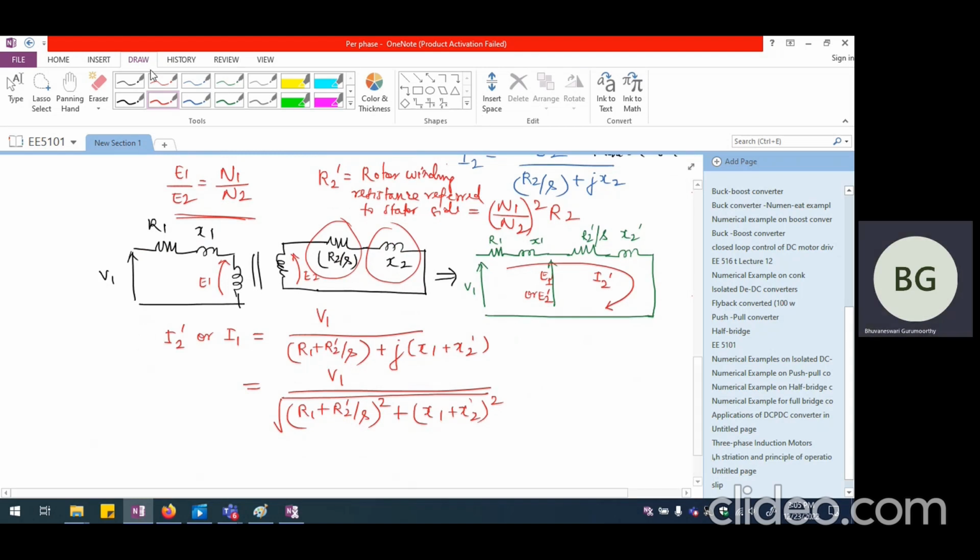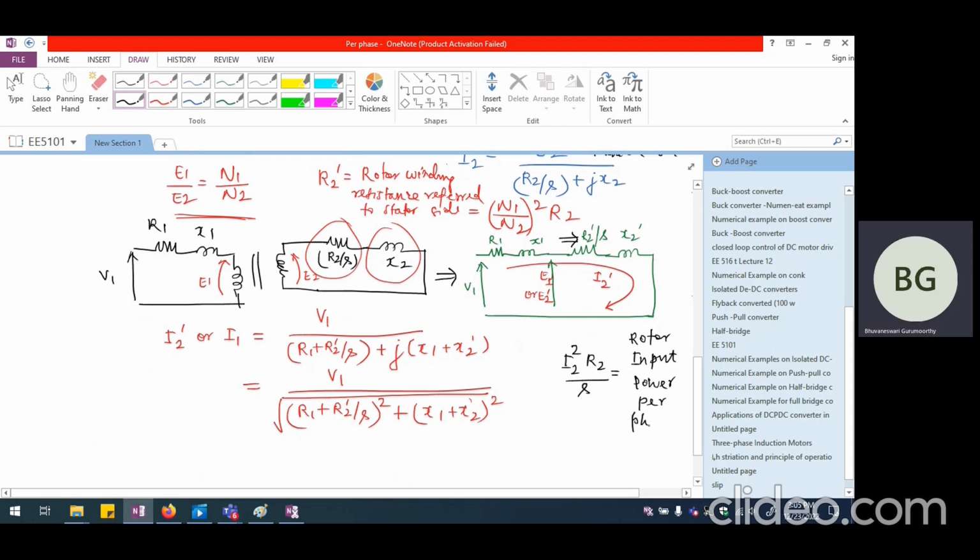Now, what is actually going into the rotor as the power? If I try to look at it, whatever is the current that is going, I2 square multiplied by R2 by S. So I should say I2 square R2 by S is going to be the input power to the rotor. So this is the rotor input power per phase.